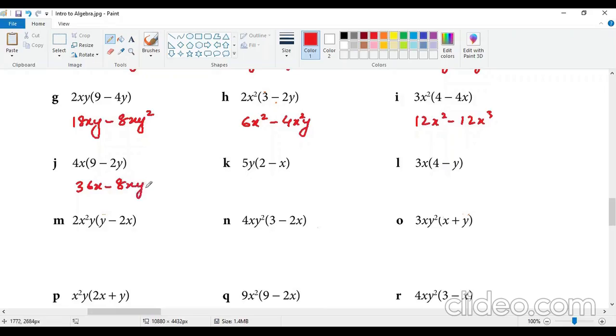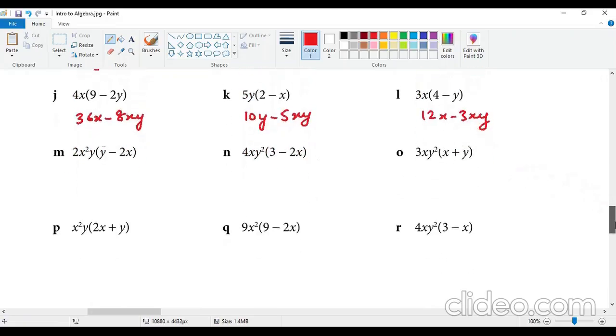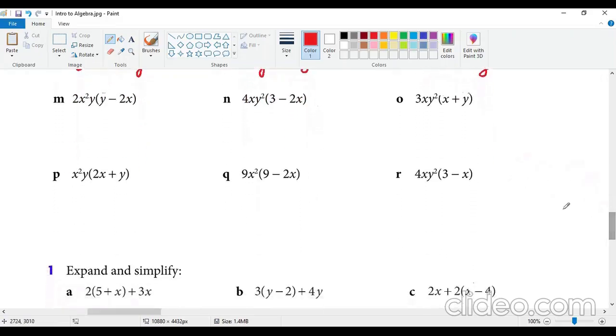This will give you 10y minus 5xy, 12x minus 3xy. Then comes 2x square y square when multiplied by this, and when you multiply by this will give you minus 4x cube and y.